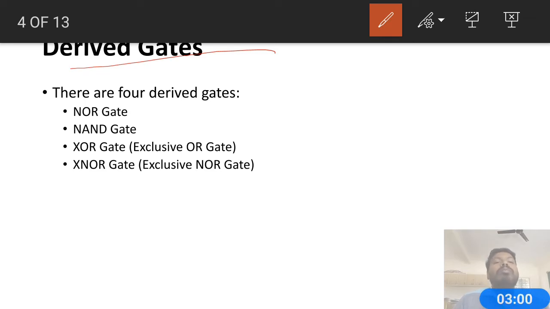There are four types of derived gates available: NOR gate, NAND gate, XOR gate, XNOR gate. Let me repeat: NOR gate, NAND gate, XOR gate, XNOR gate. These are the four types of derived gates.